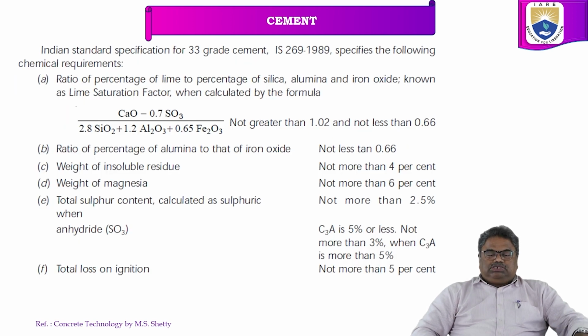As per Indian standards, for 33 grade cement, as per IS 269 1989, these are the chemical requirements.